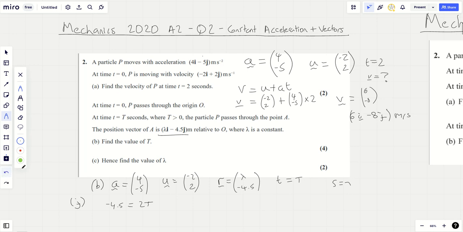It's just that r and s are interchangeable in this topic, because it's a position of where it is. It's a position vector. So I'm using that. So I've got 2t minus 5, oh no, minus 2.5 t squared. Yeah, and this is going to give me an equation. So 0 equals 2.5 t squared minus 2t minus 4.5.